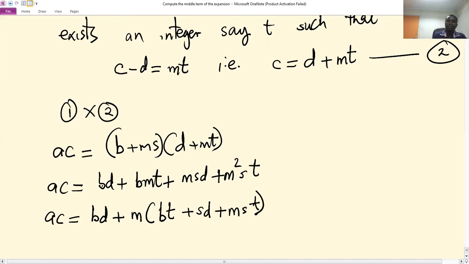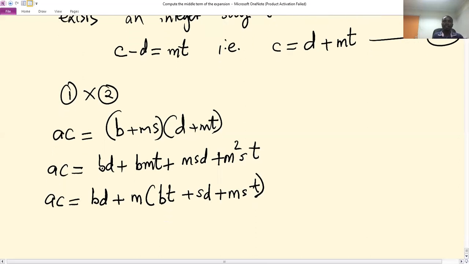So the product of B and T is an integer. The product of S and D is an integer. The product M, S, and T is also an integer. So an integer plus an integer plus an integer is just another integer. So we can fix K3 to be BT plus SD plus MST.